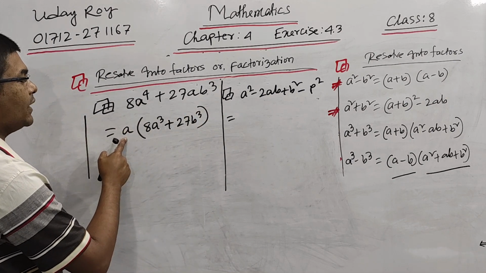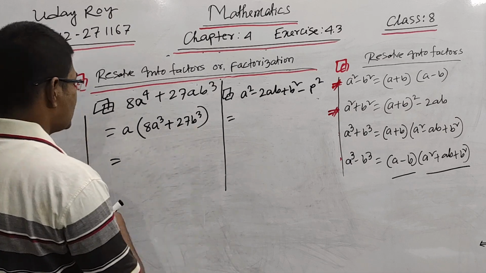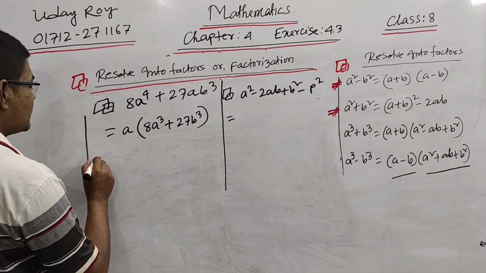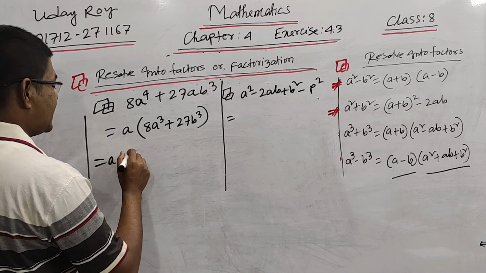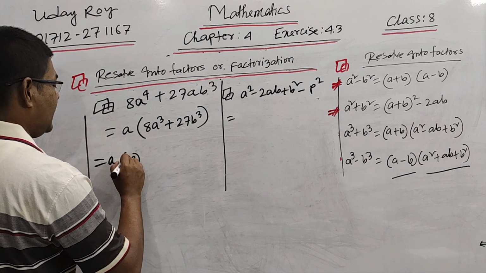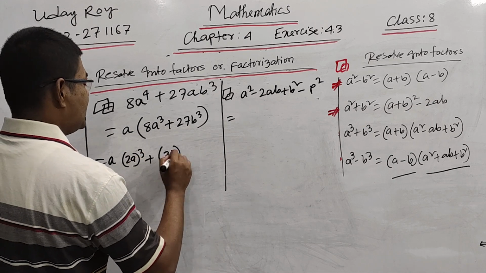So take common a, we will get a into 8a cube plus 27b cube. So now easily we can solve it. Here 8a cube means 2a whole cube, 27b cube means 3b whole cube.